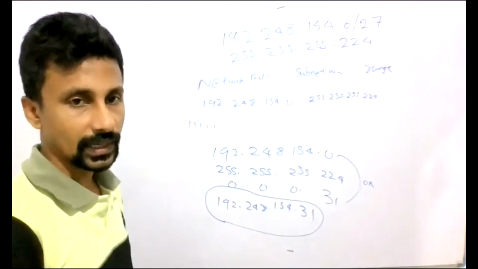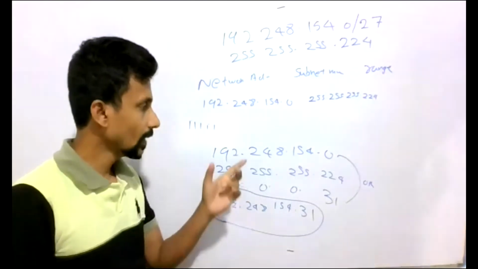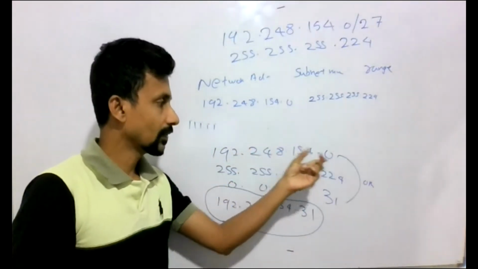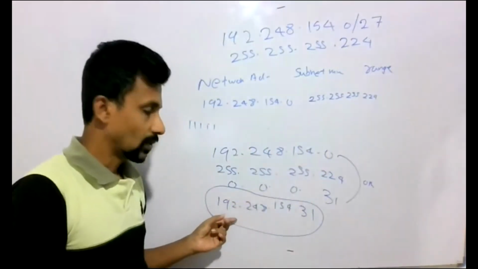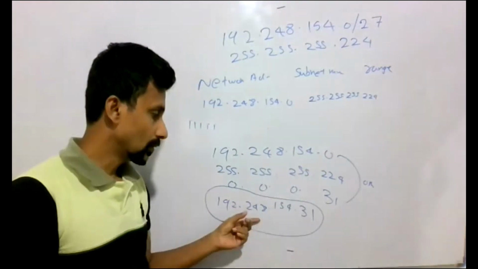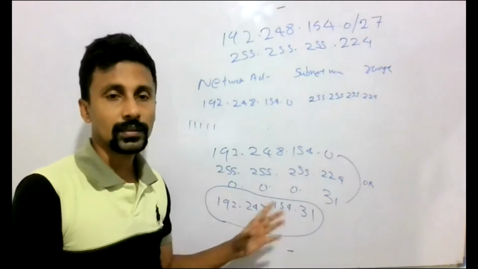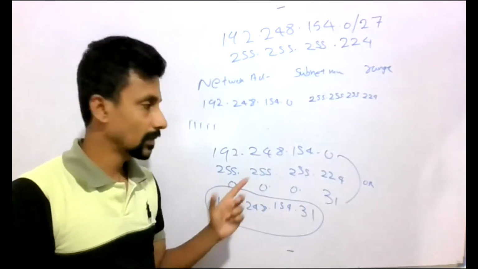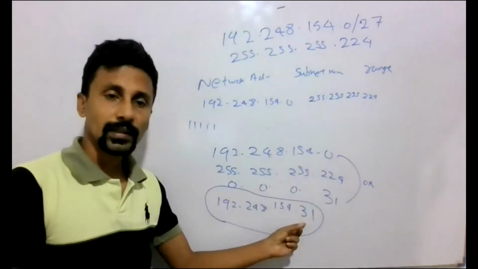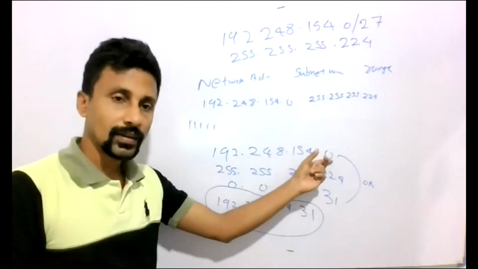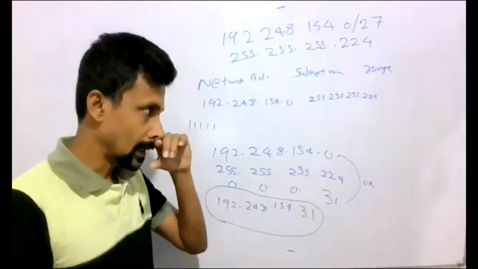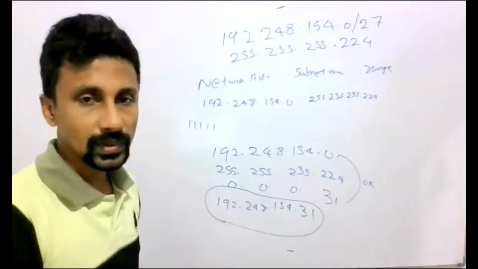So for the first network, our network address is 192.248.154.0 and our broadcast address is 192.248.154.31. This is the range. For the usable range, the first host is 1 and the last is 30, one more than the network address and one less than the broadcast address. But they are asking for the range, not the usable range.